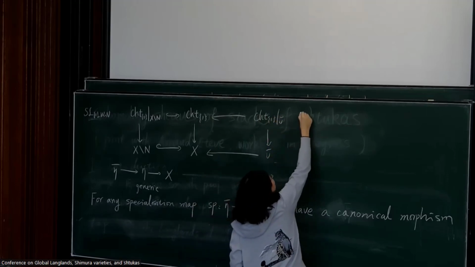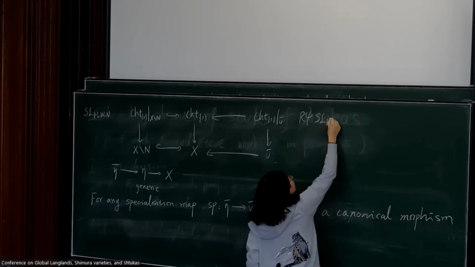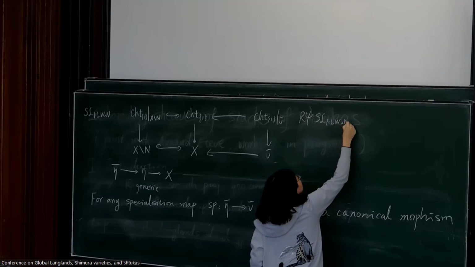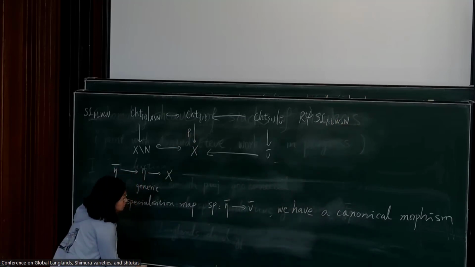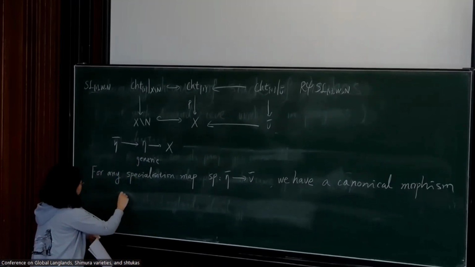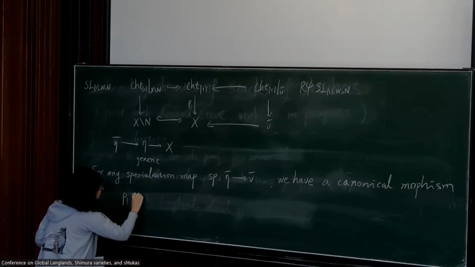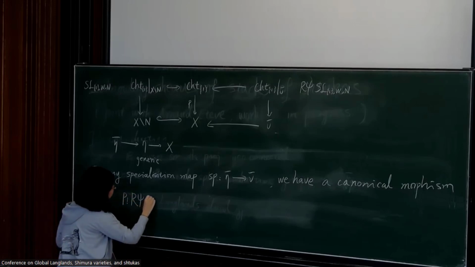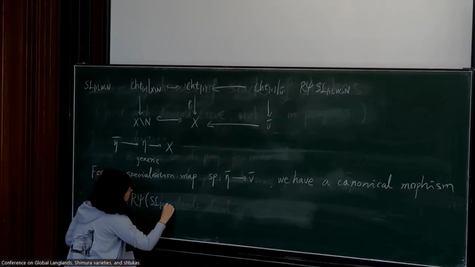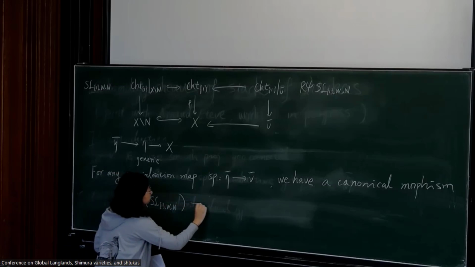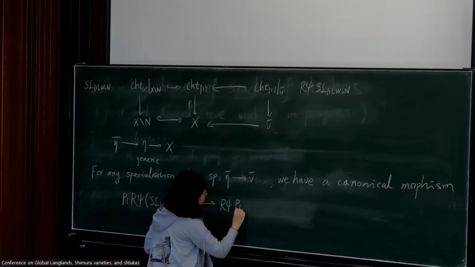On this we have a morphism from the direct image of nearby cycle to the nearby cycle of direct image.